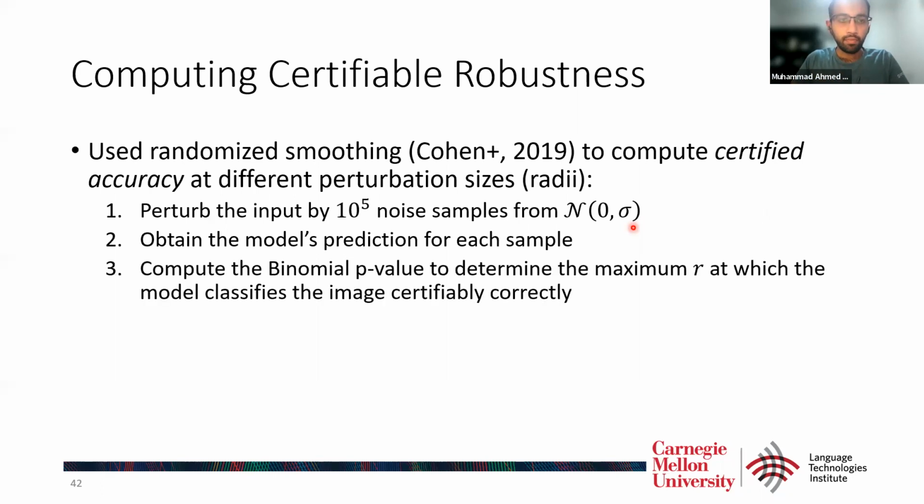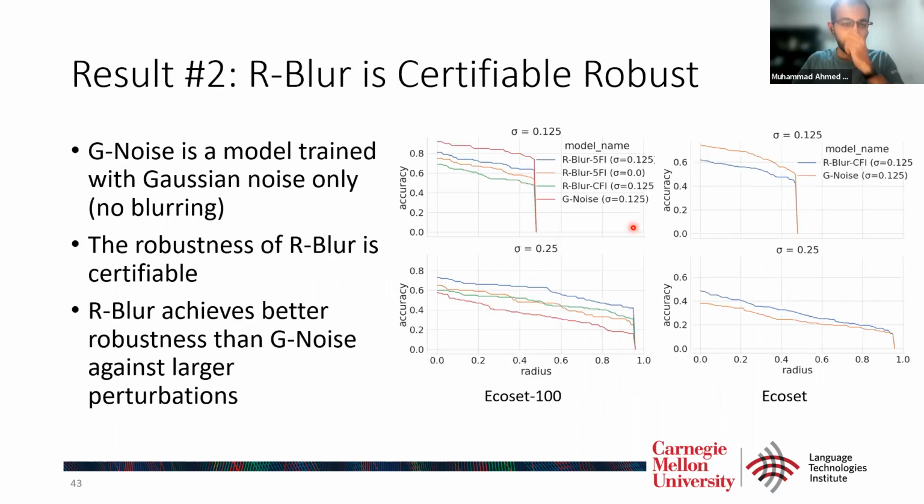And then we conduct a hypothesis test. Particularly, we compute the binomial p-value to determine what is the maximum perturbation at which the model can classify the image in a certifiably correct manner. And what we find is that R blur is not just empirically robust, it's certifiably robust.